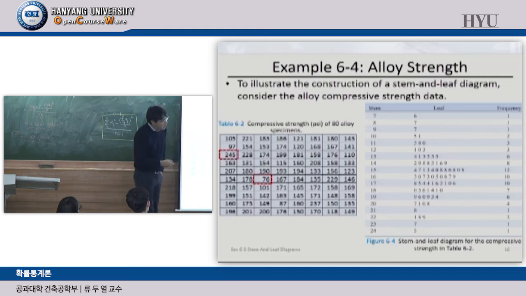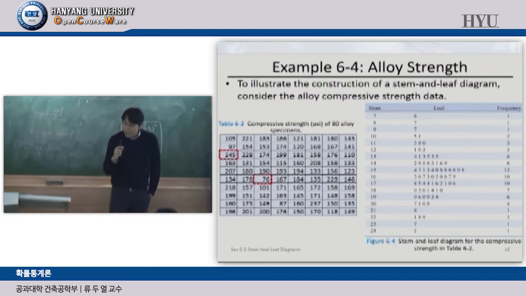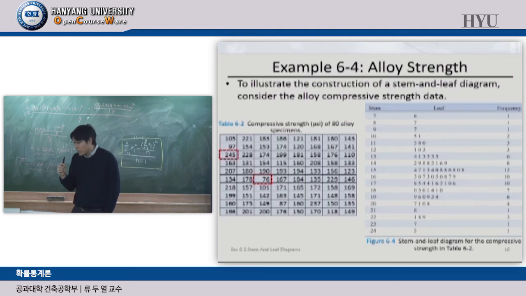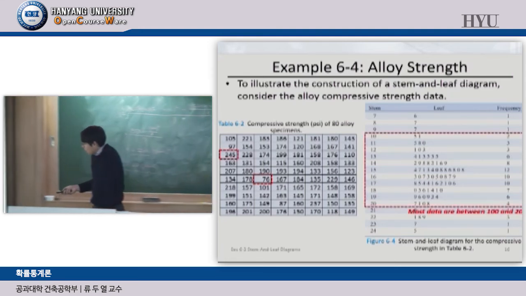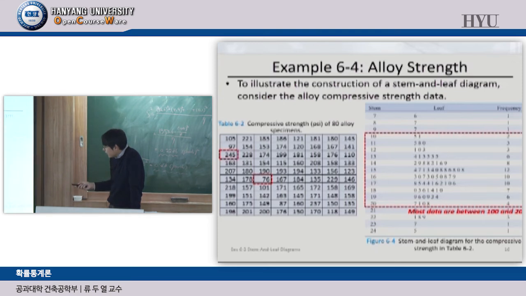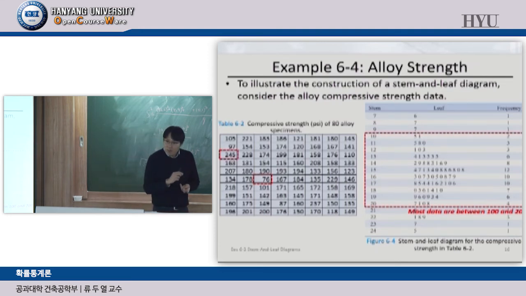The frequency is the number of data points included in each stem. From this table, we can see that most data are between 100 and 200, which means the compressive strengths of the alloy specimens are mostly between 100 and 200.